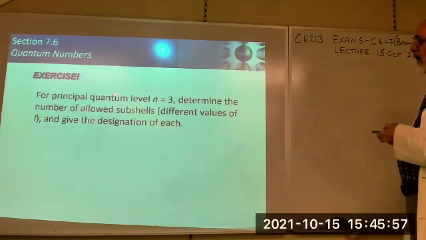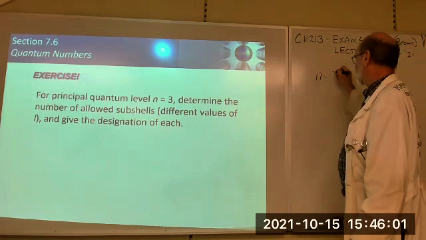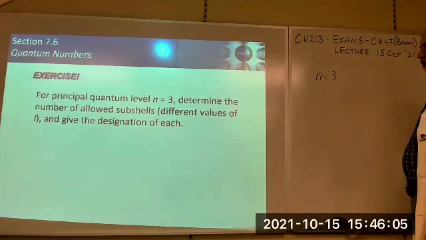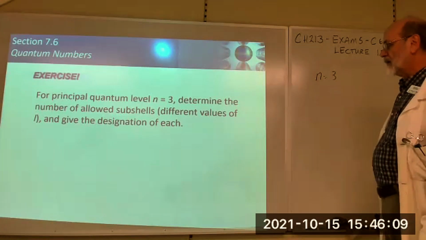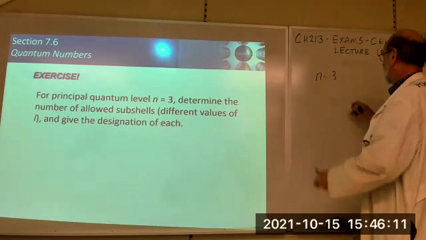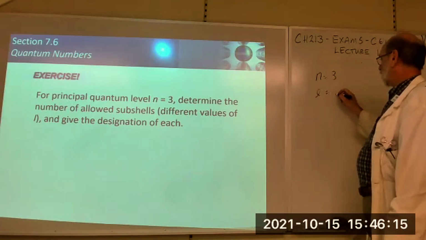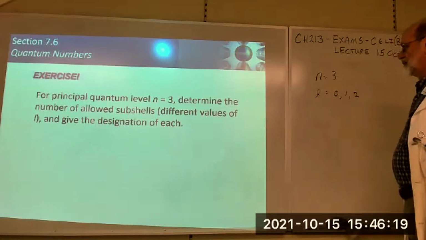So for principal quantum number level N equals 3, determine the number of allowed subshells. So those are the L's, different values of L. So we take this one, and L can be what? L can be 0, 1, or 2.